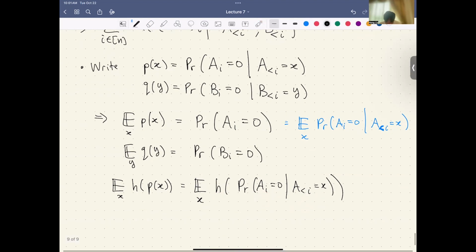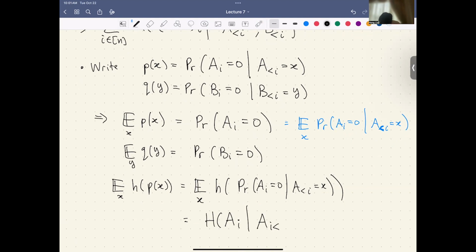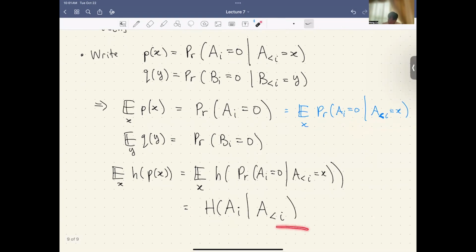This equals to, let me first write it down, conditional entropy of A_i given A less than i. Okay. If you expand this guy using our definition, you will get this. So let me expand one step for you.